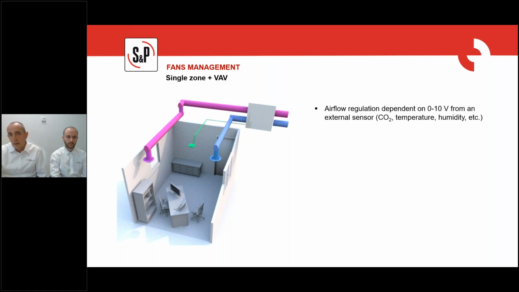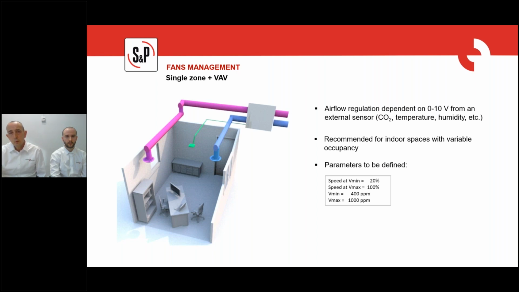However, we could find some systems with 4-20 milliamps. But the most common and the trend seems to go to 0 to 10 volts. This is a system recommended especially for indoor spaces where we have variable occupancy. So the necessity of ventilation will vary depending on the hour of the day.